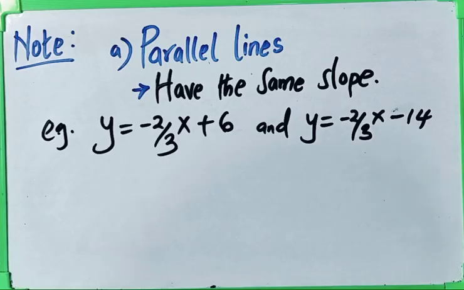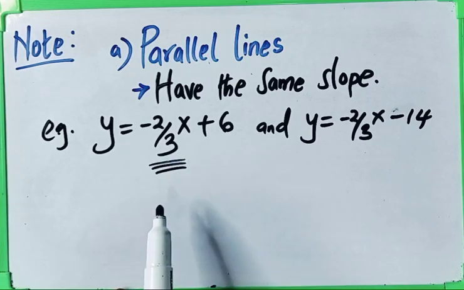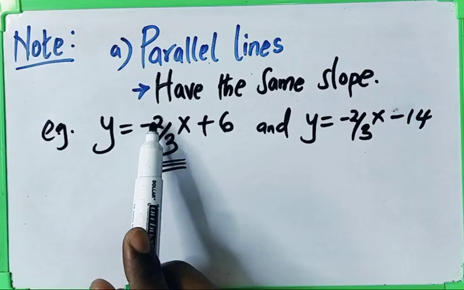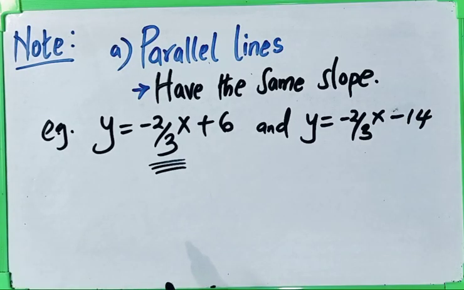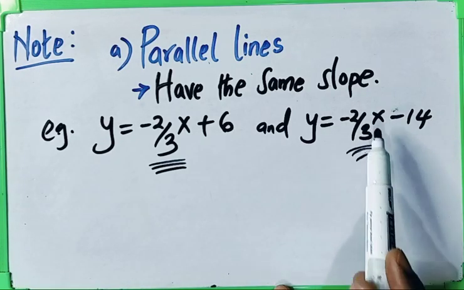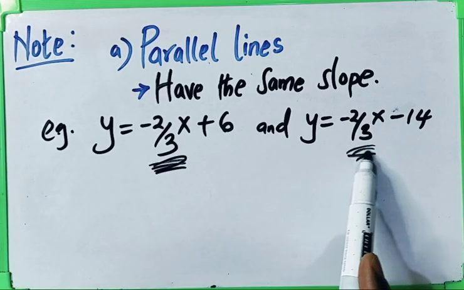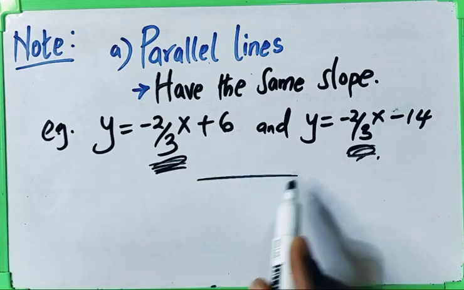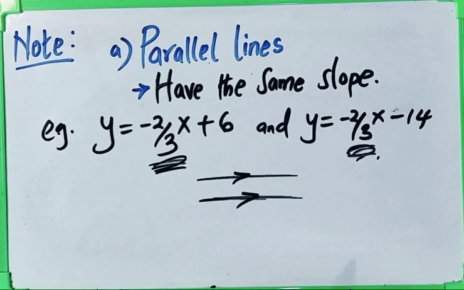For example, when you have two equations, check on the slope: y equals negative 2 over 3 x plus 6 is the equation of one line. The other one is y equals negative 2 over 3 x minus 14. As long as they have the same slope, these two lines are parallel to each other. So parallel lines have the same slope.